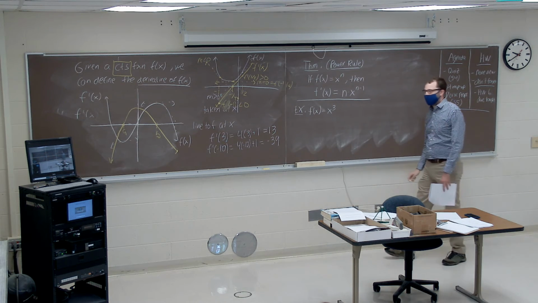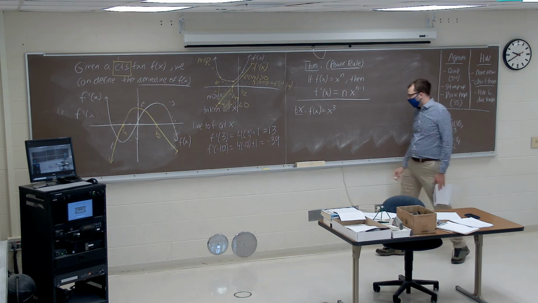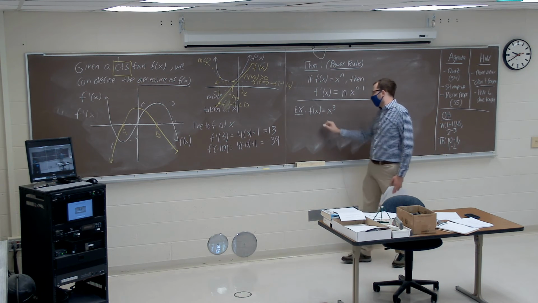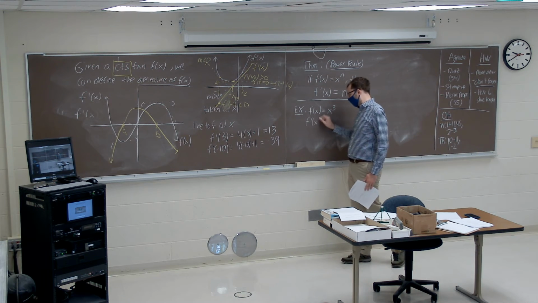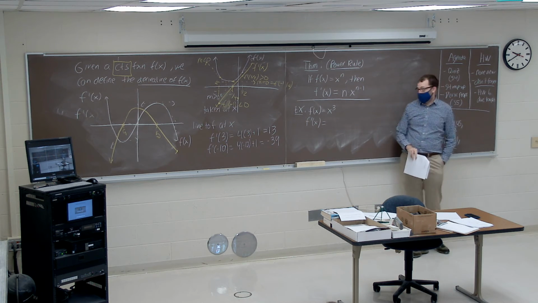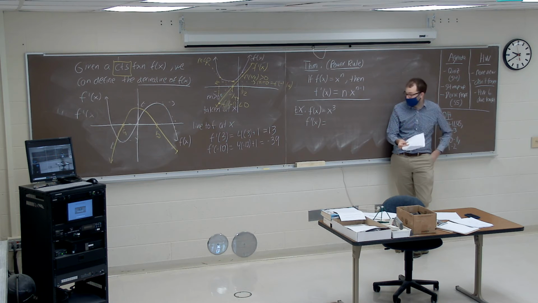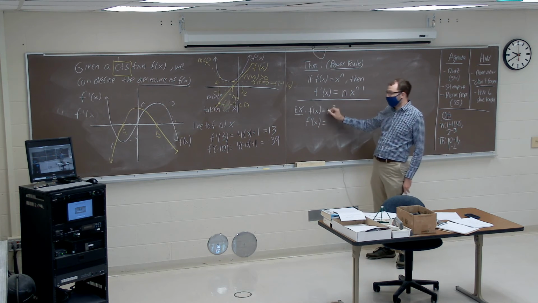Let's say our f of x is x cubed, meaning our n in this case is going to be equal to 3. What would we get if we used the power rule to differentiate f prime of x? What's it? 3x squared. So you pulled the 3 down in front and subtracted 1 to get 3x squared?